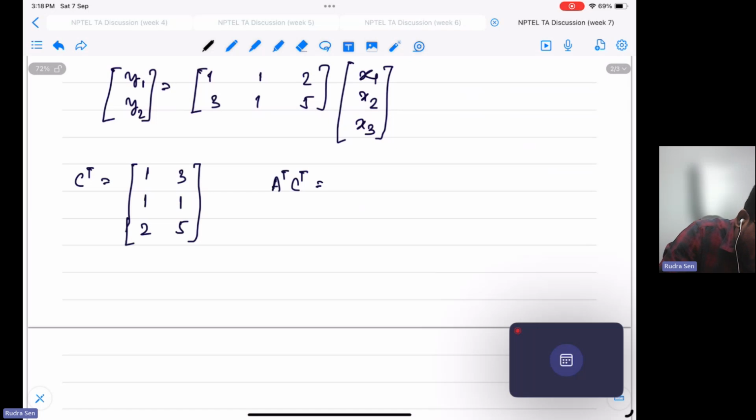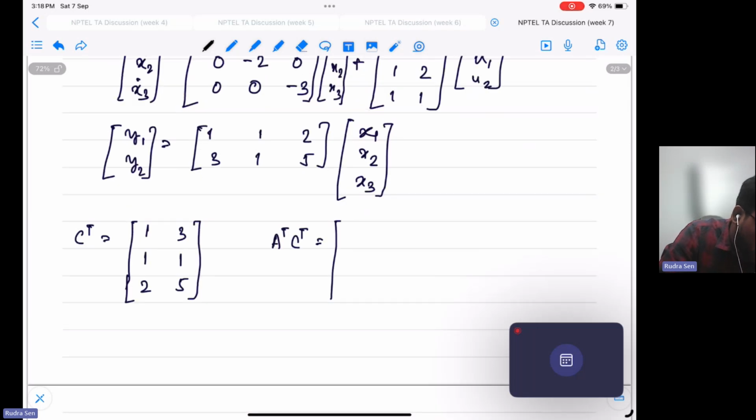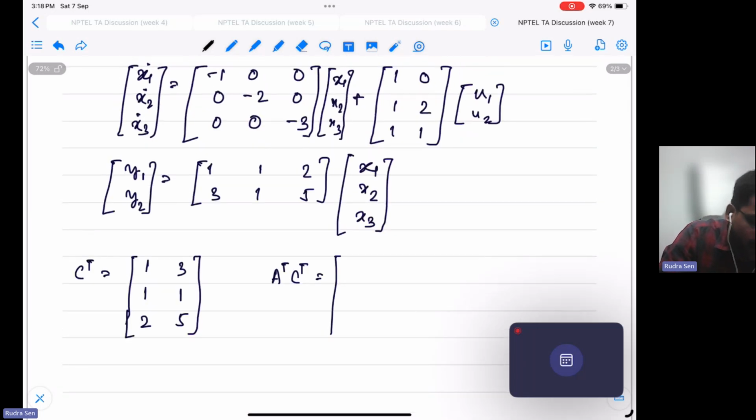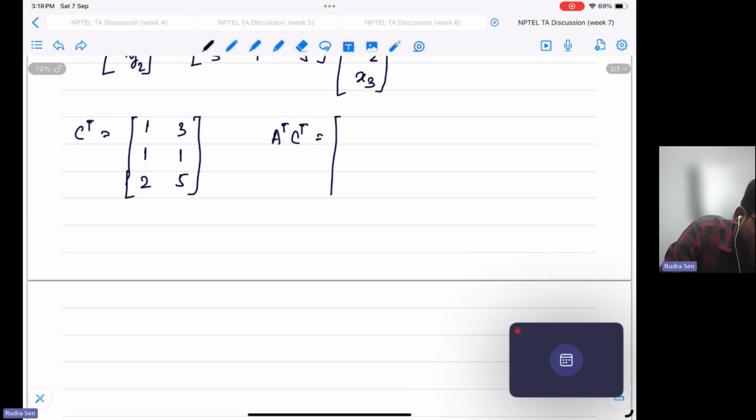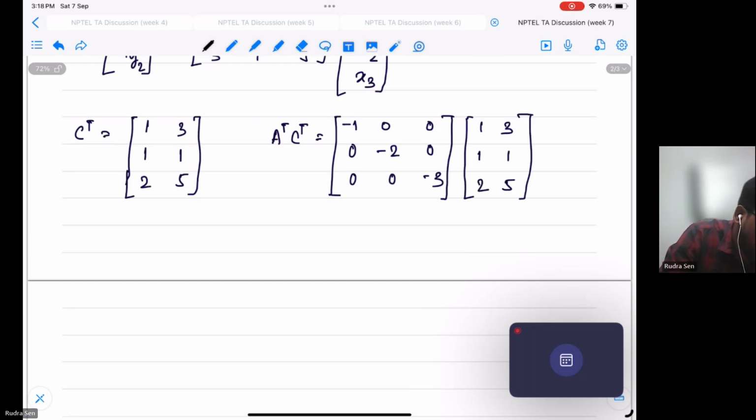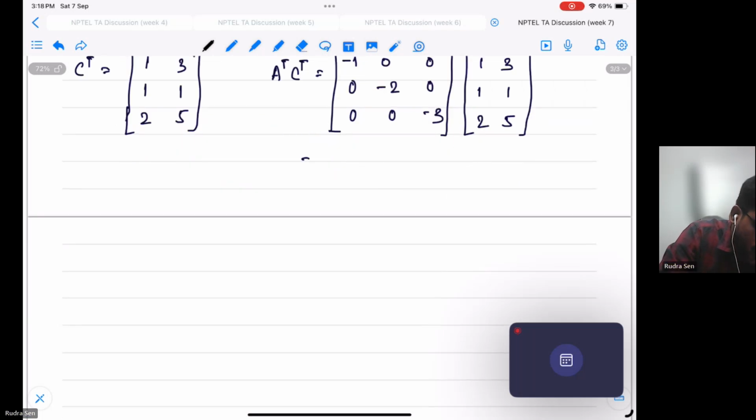So you can see that A is a diagonal matrix, so whatever transpose we take, it will always be the same. A transpose equals A. And here C transpose is 1 3, 1 1, 2 5. Okay. So what will you get?